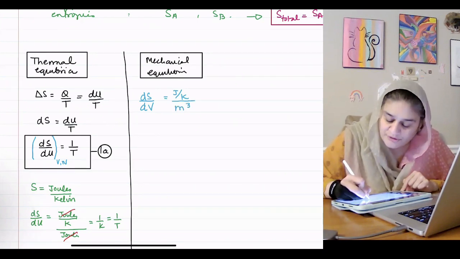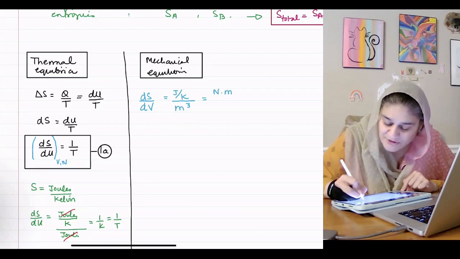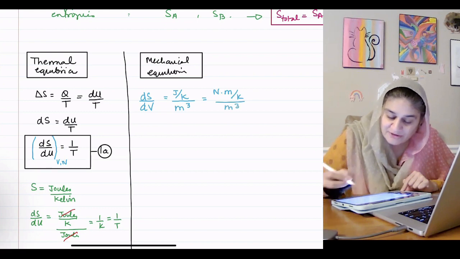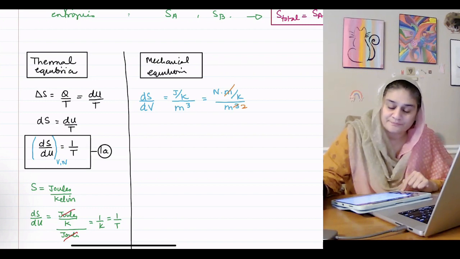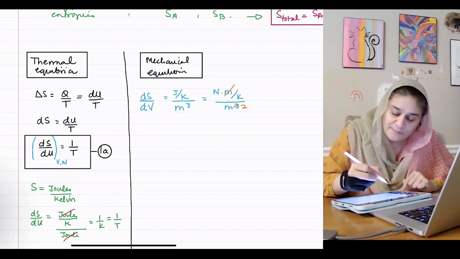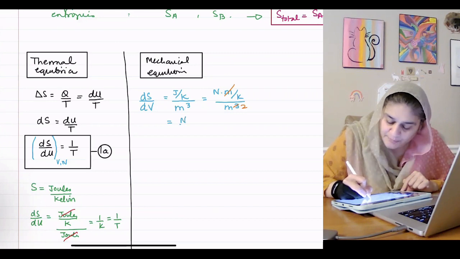What is joules? Joules is nothing other than Newton meters, so per Kelvin divided by meter cubed, the meters can get canceled, and I get Newton per meter squared Kelvin.